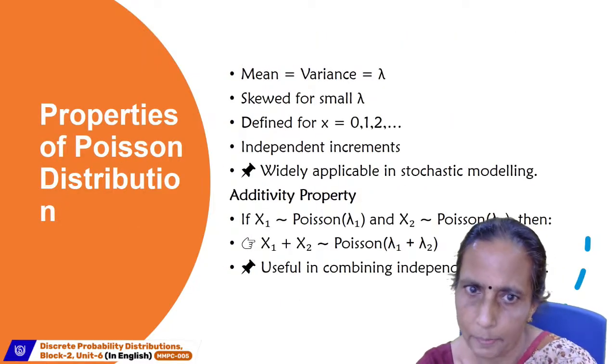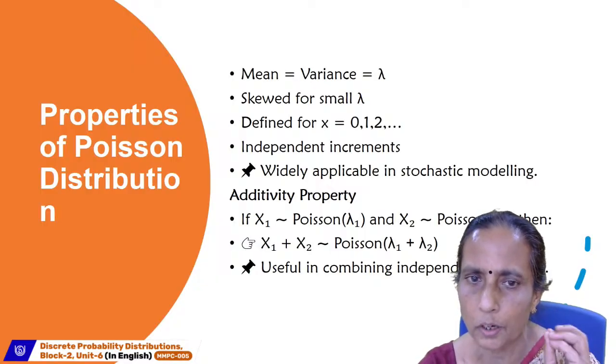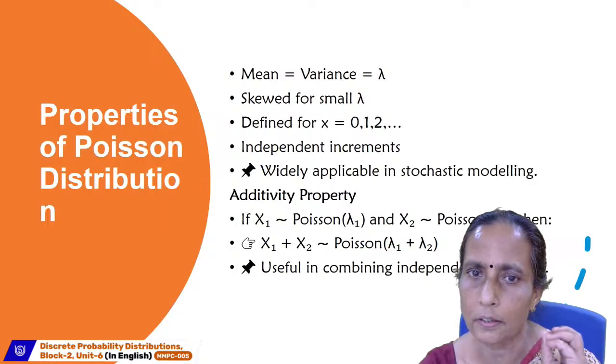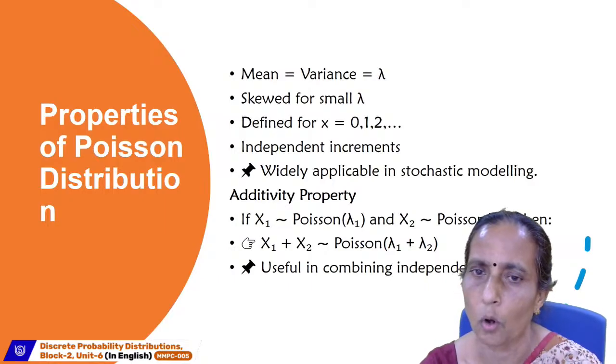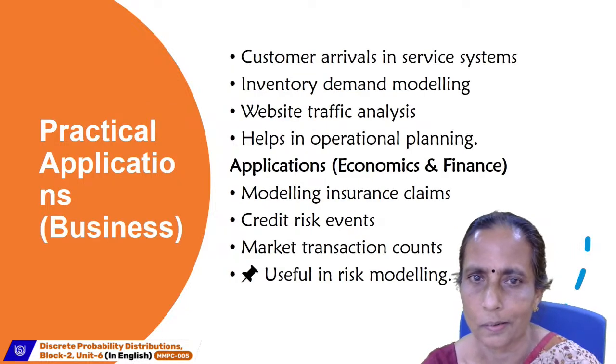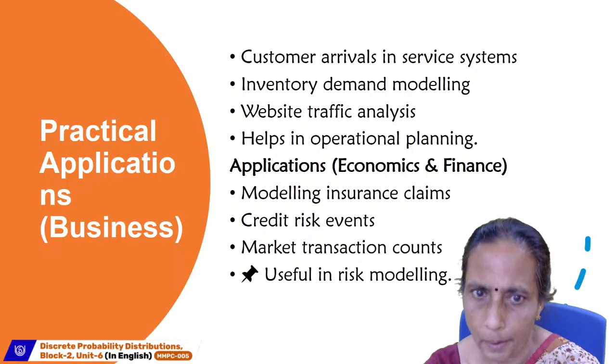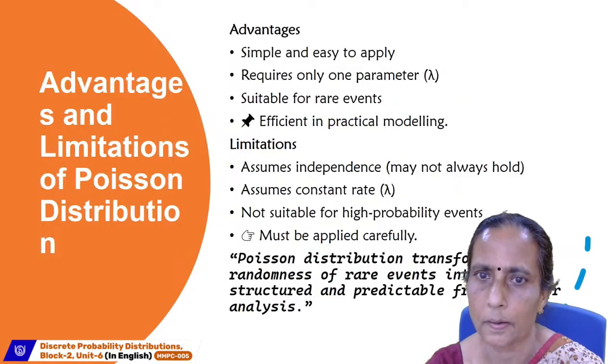You can remember one thing, that in case of Poisson distribution, your mean is equal to variance. It is defined for x equal to 0, 1, 2 and so on. Customer arrivals in a service system and so on, these are the applications.